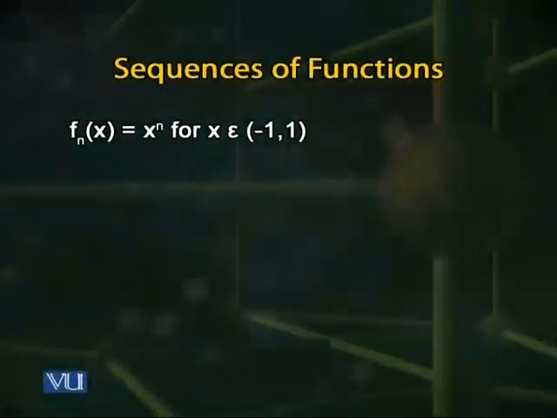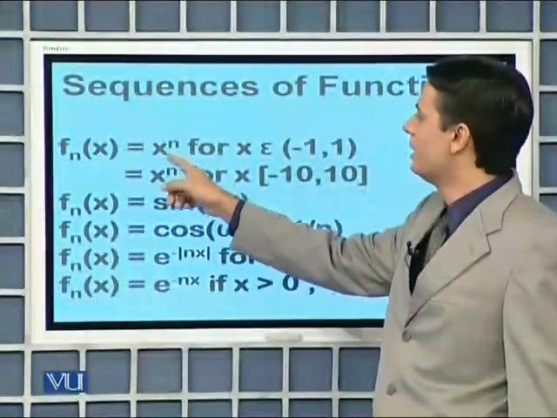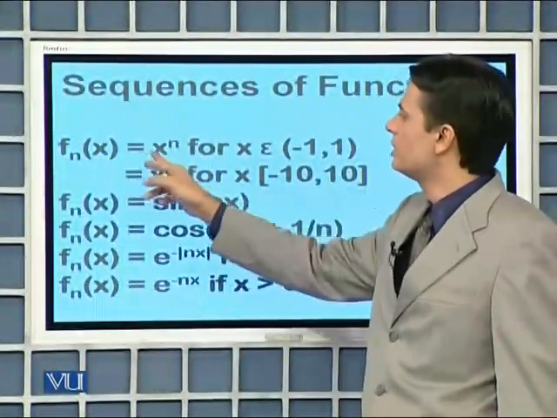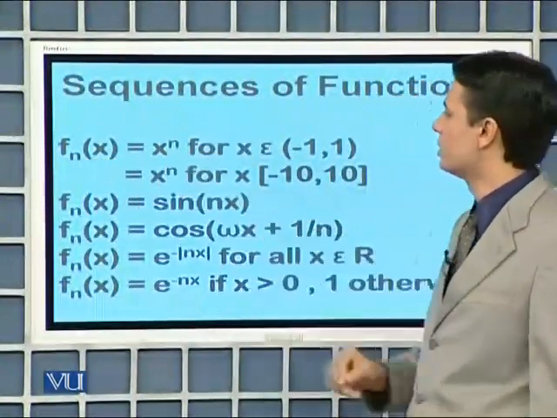Our first function is x raised to power n. So this is the sequence of functions. The first function will be x raised to power 1, the second function will be x square, the third function will be x cube, x4, and so on.